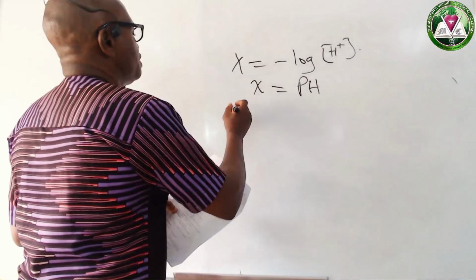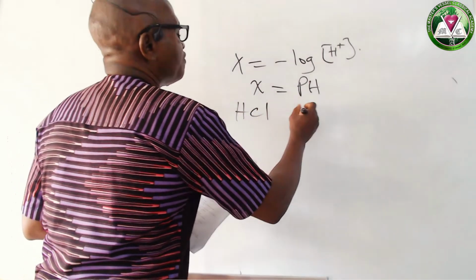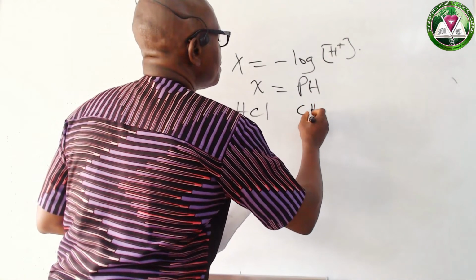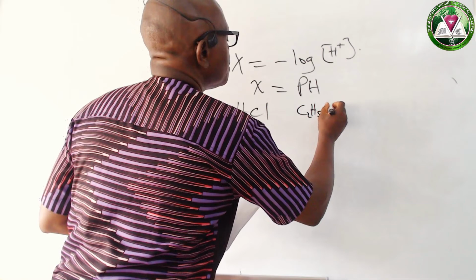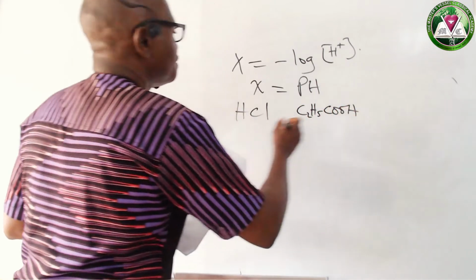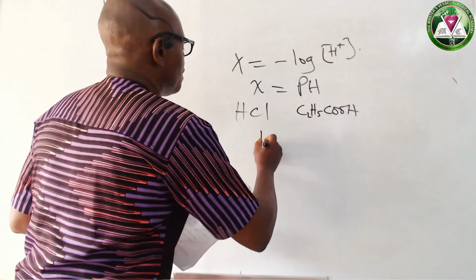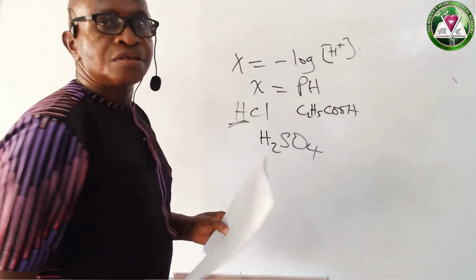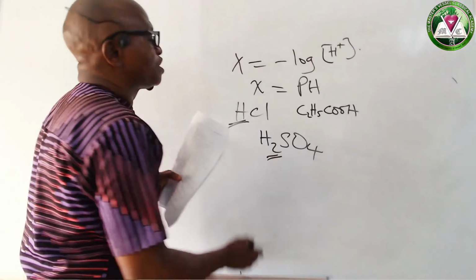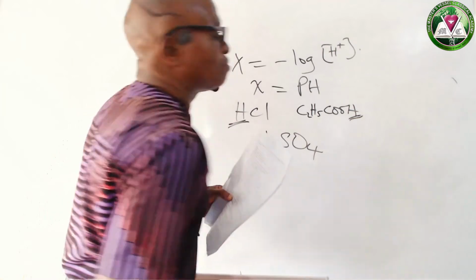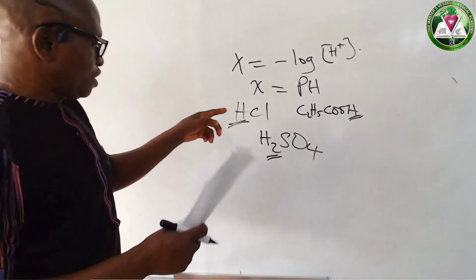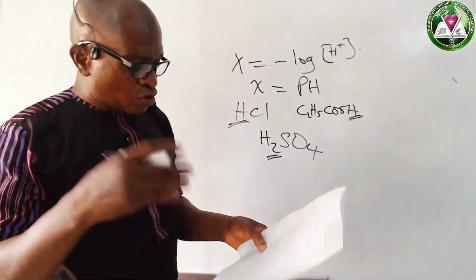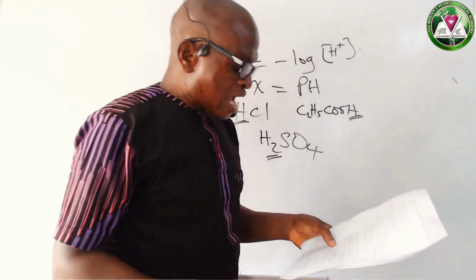For instance, you have HCl, you have ethanoic acid, you have tetraoxosulphate(VI) acid. This is a replaceable hydrogen atom. This is a replaceable hydrogen atom. This is a replaceable hydrogen atom. You can see that these two are monobasic, while this one is dibasic. The answer there is A, basicity.